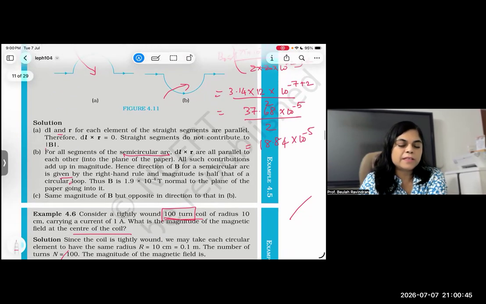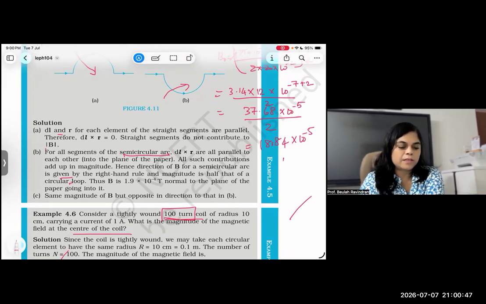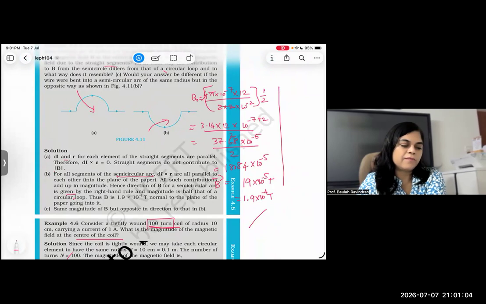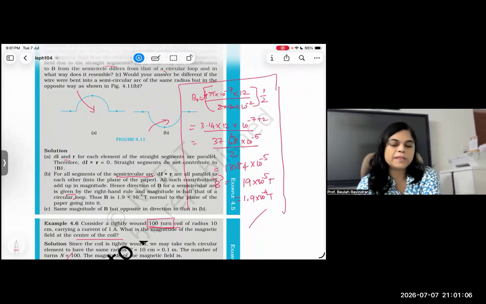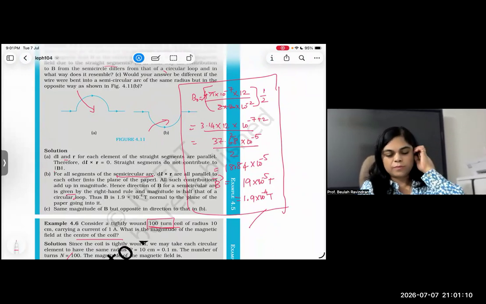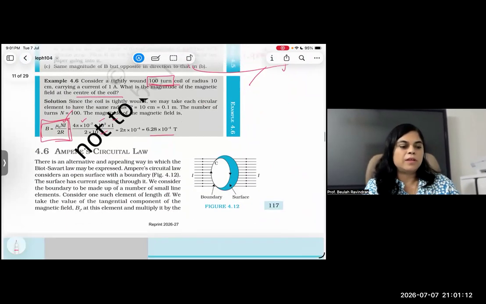Or we can write 19 into 10 power minus 5 Tesla, or we can write this and all B vector, or we can write 1.9 into 10 to the power of minus 4 Tesla. Clear? So this is the formula you have to keep in your mind. At the center, magnetic field of a current loop at the center, since it is a half semicircle, you can divide it by 2. Okay, so like this you have to find out.